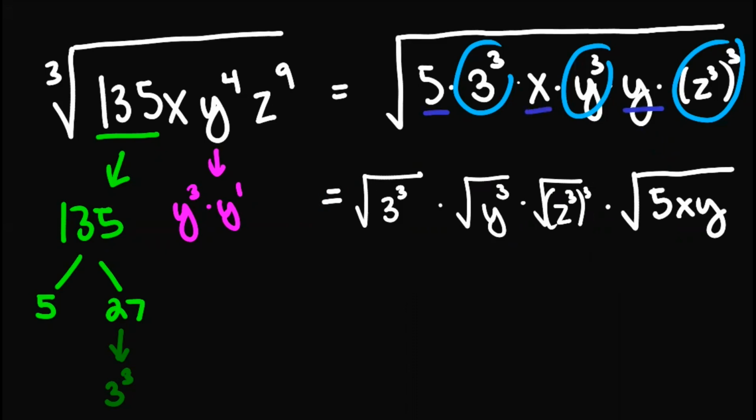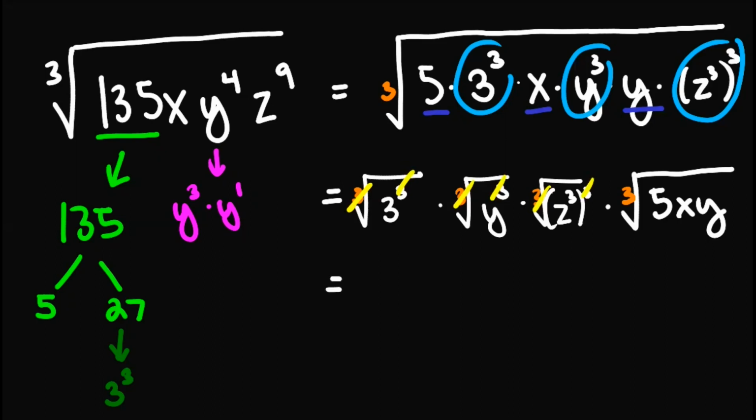And from here, we can apply again the first law, wherein, oops, I forgot the index, there should be a 3 out here. Since the index and the exponent are the same, we can cancel that out.